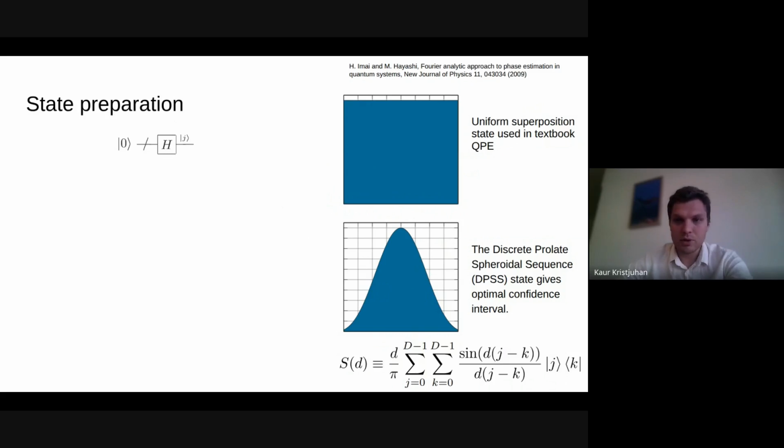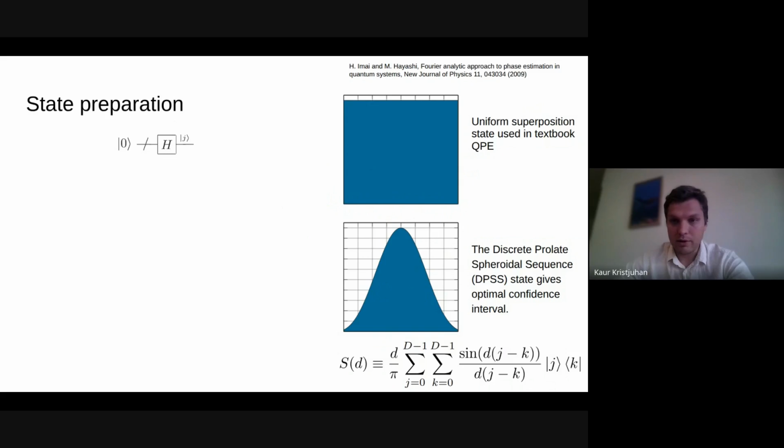But if you're going to do an arbitrary state preparation on this control register, that becomes very expensive, in the sense that if you increase the size of the control register, the cost is going to also increase exponentially. And that's not something we would like to do, because the size of the control register is going to determine how many bits of precision our final answer is going to have. So we would like to be able to scale that to be as big as possible.